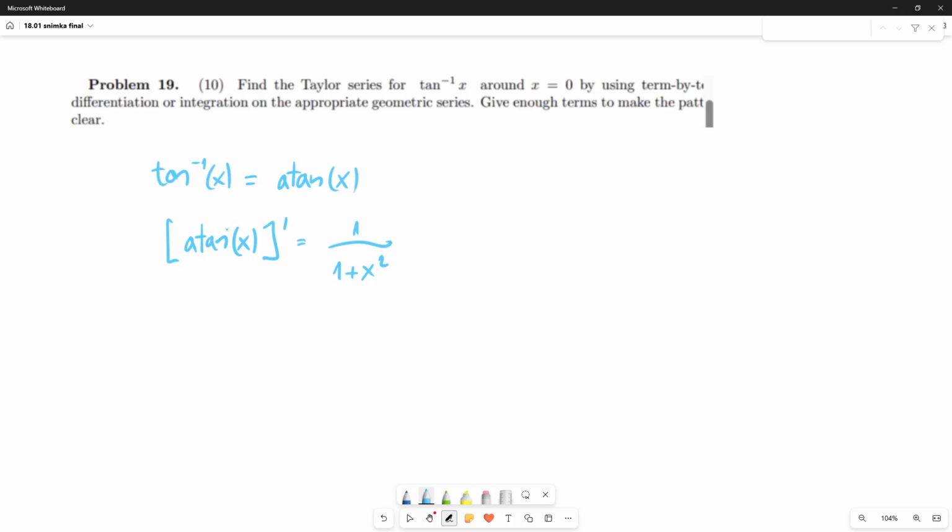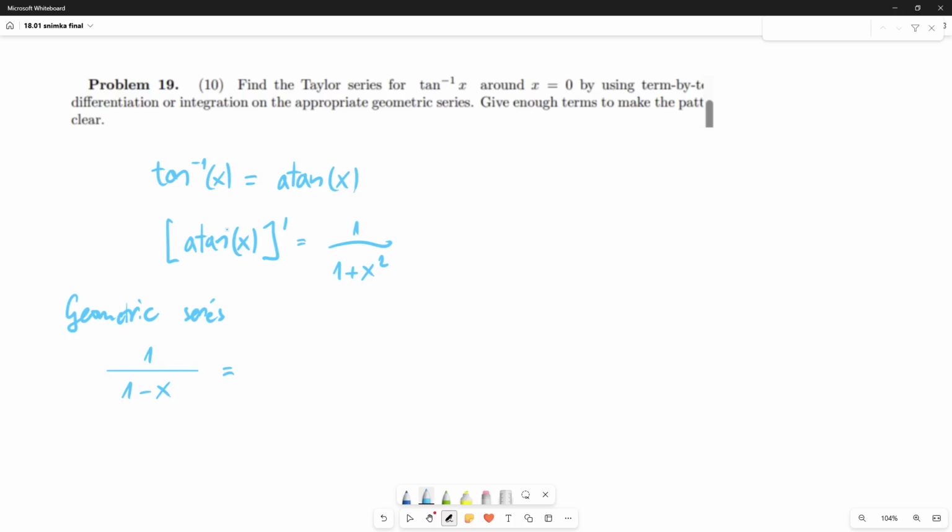Now this resembles a very famous Taylor series expansion which deals with the geometric series. For the geometric series, we have a function 1 over 1 minus x, which is a sum of a convergent geometric series.